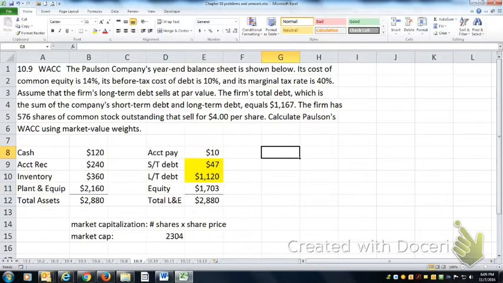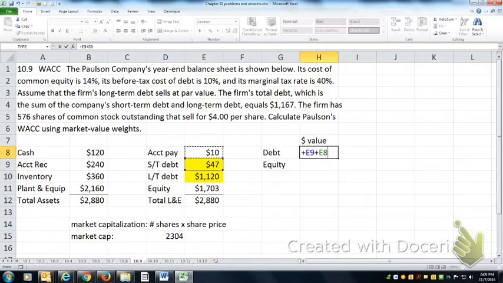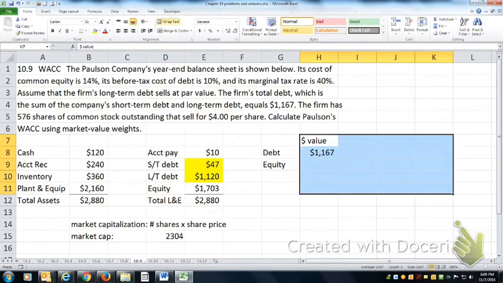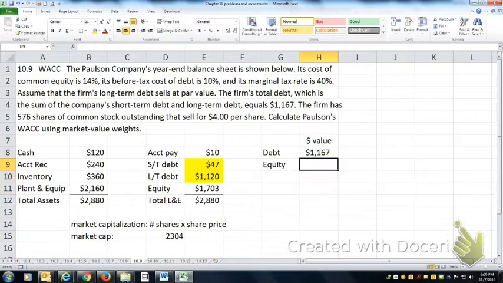Okay. We still do this the same way. If we take the debt and we take the equity, and this is dollar value, so this plus this is the dollar value of the debt, and the dollar value of the equity is 2304.